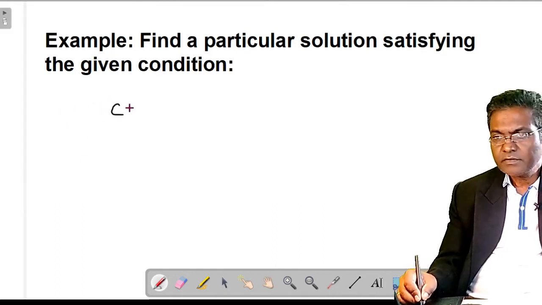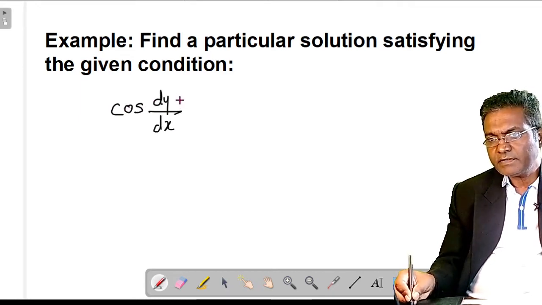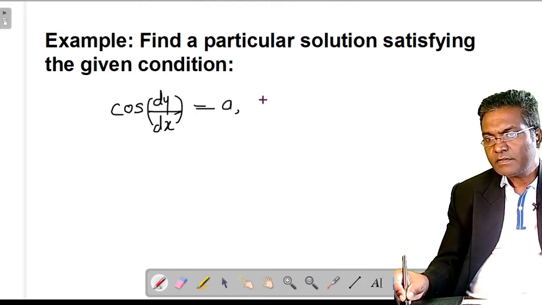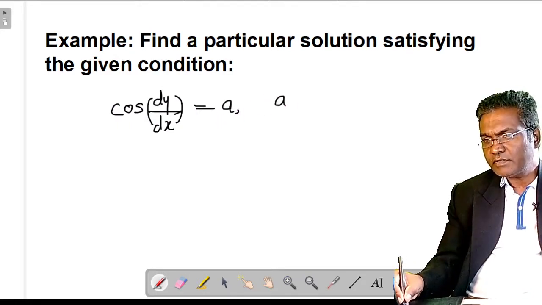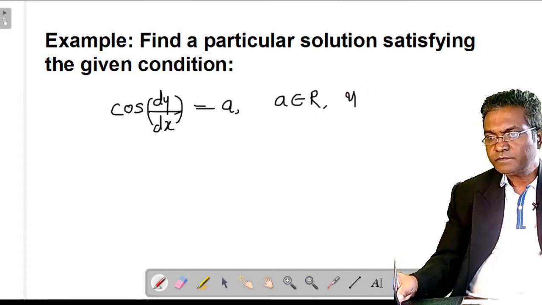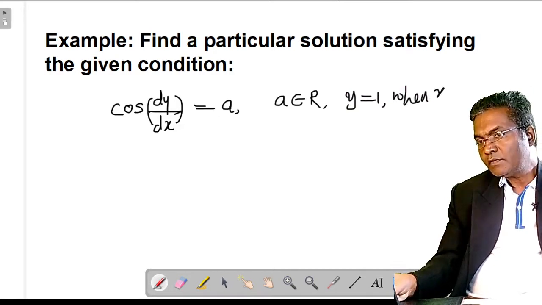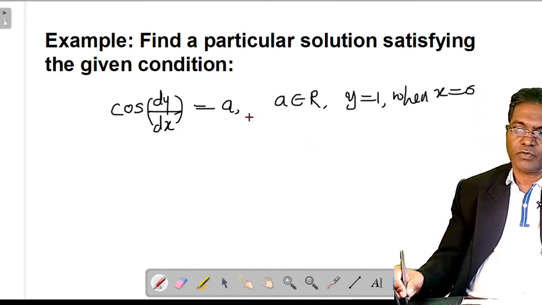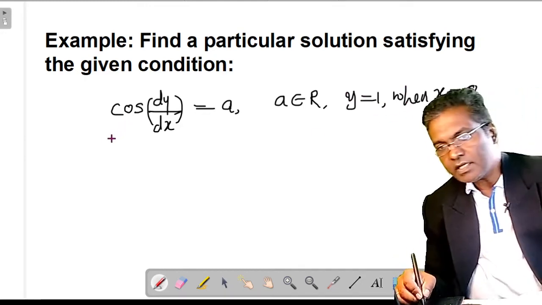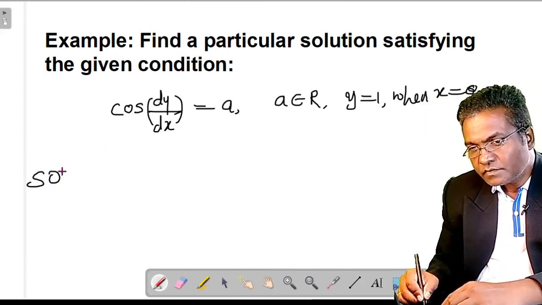You are given cos of dy by dx equals to a, a is a constant which is a real number, and you are given y is equal to 1 when x is 0. Okay, so using these conditions you have to find the particular solution.